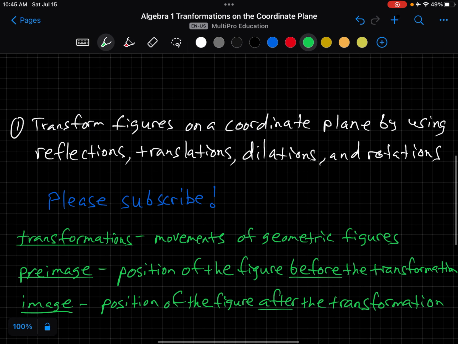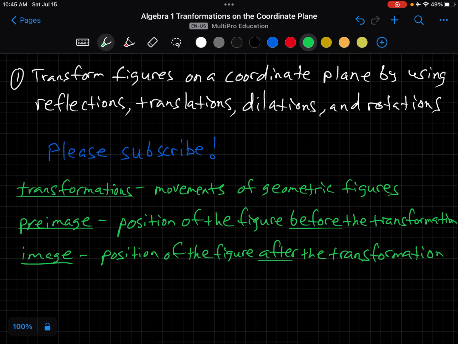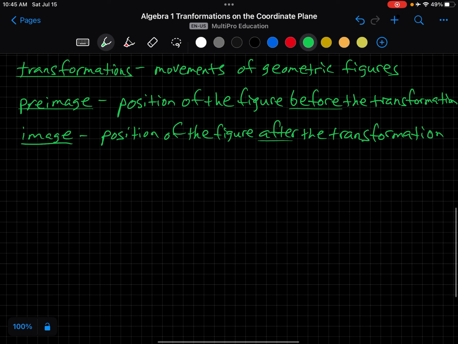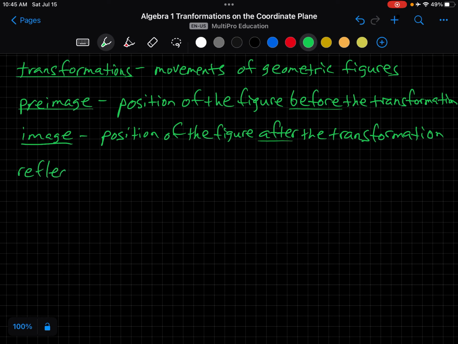Now, when we first talked about this, we said we're going to be transforming figures on a coordinate plane by using four things: reflections, translations, dilations, and rotations. So now we got to talk about what are those four definitions. So what is a reflection? This is kind of like looking in water and you see an image of yourself.